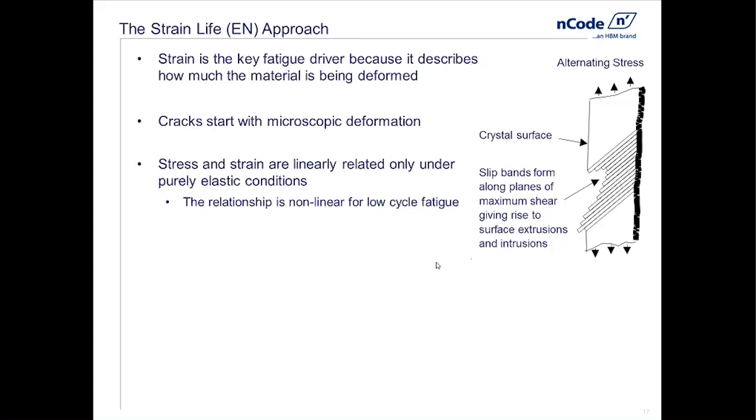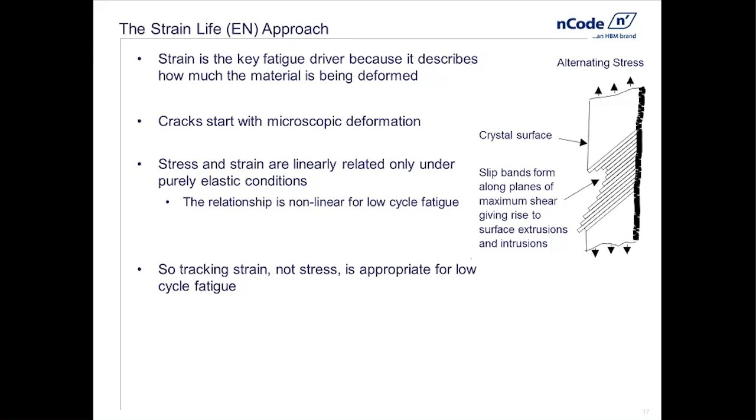So we need to track strains if we want to understand large fatigue cycles. So really, stress life method is tracking the wrong parameter, but in some cases it gets it right because of a linear elastic relationship. As we move out of high cycle fatigue, though, that linear elastic behavior can disappear, and that is why the strain life method is preferable.